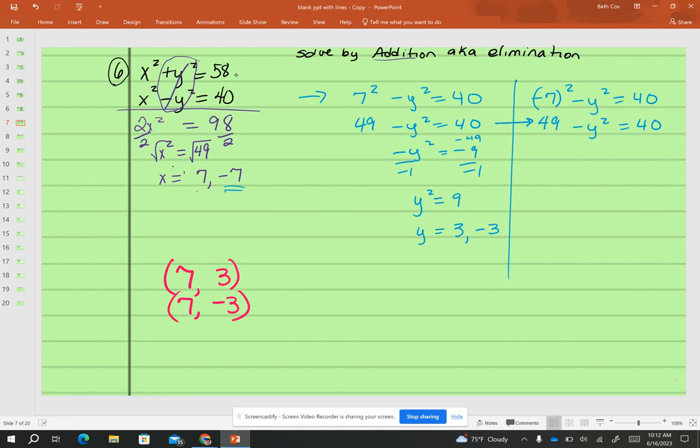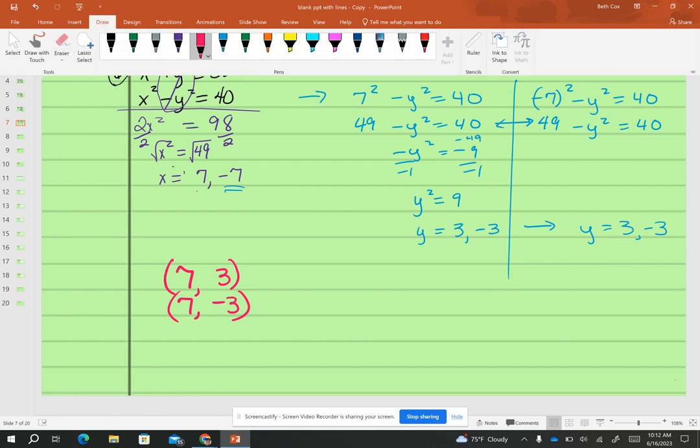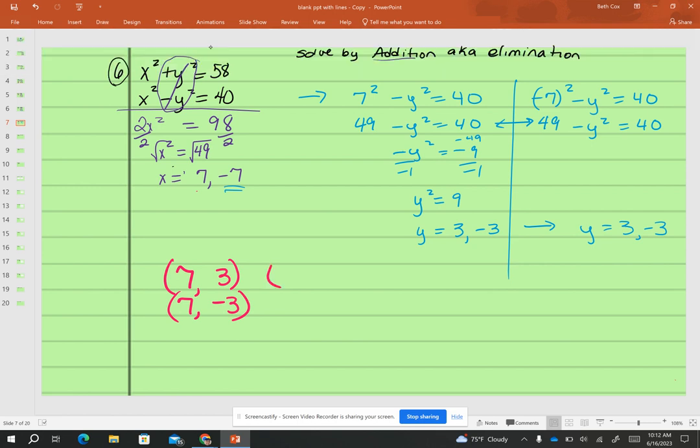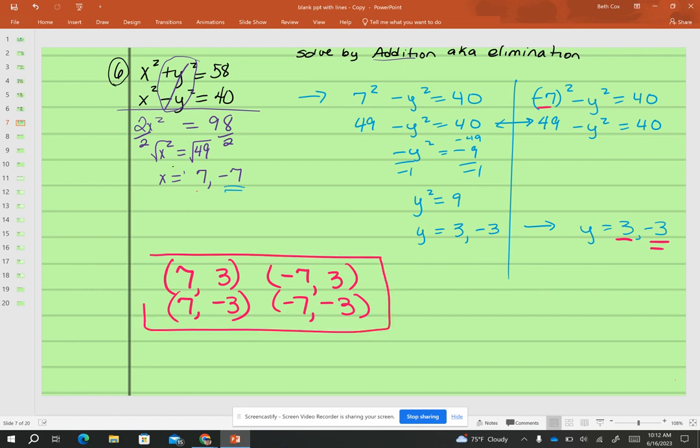Notice, exactly the same thing. Therefore, my answers are going to be exactly the same. So here we go. More answers. This time, the x was negative 7, and I got positive 3 and negative 3. So there are my 4 answers for this problem.